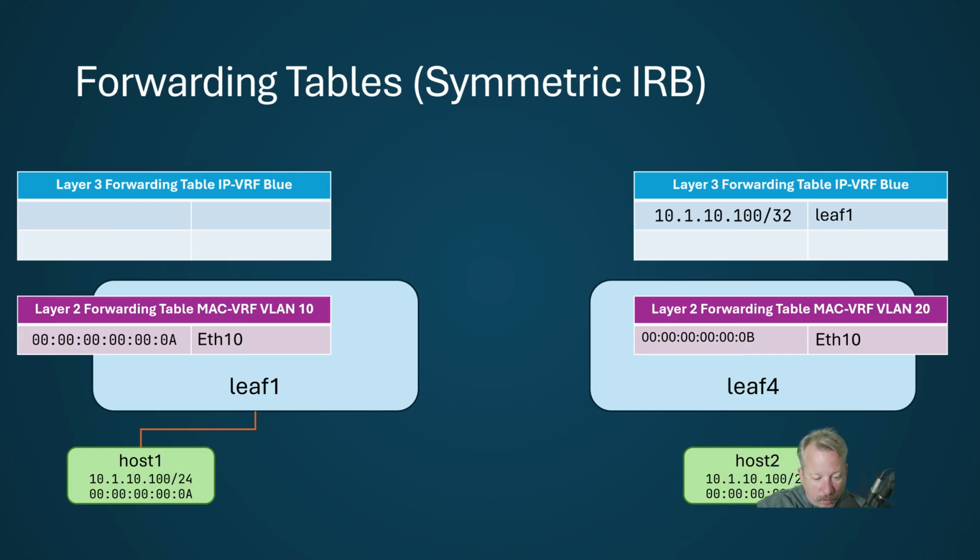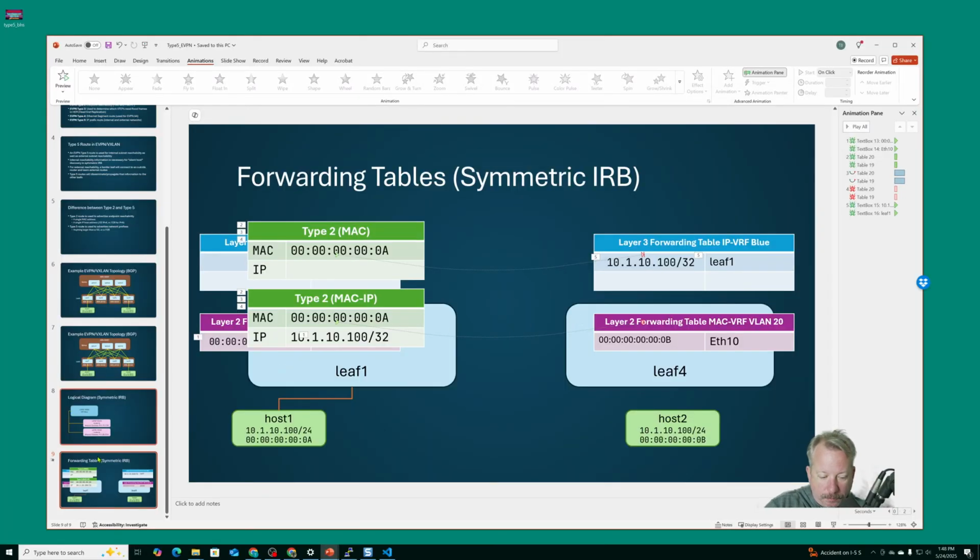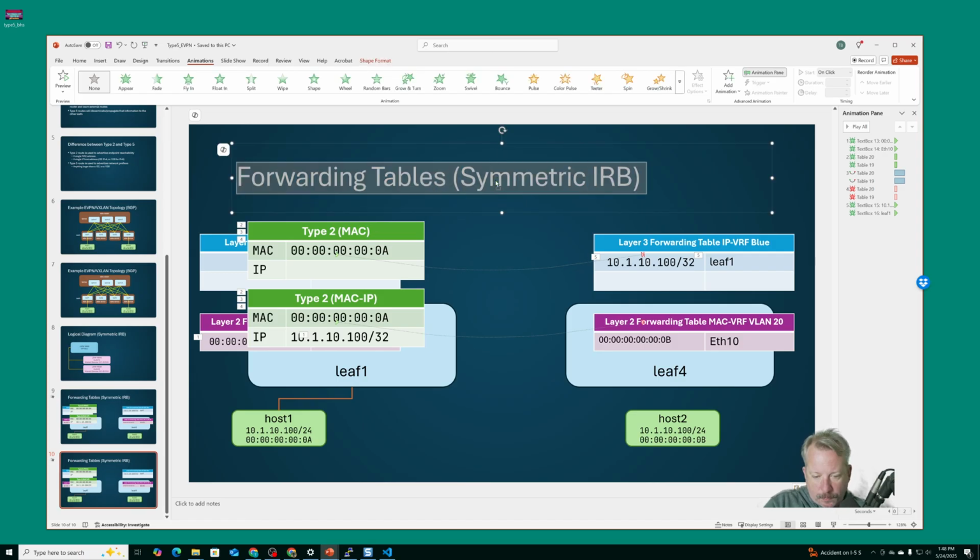But what if host 1 wanted to ping host 2? Here's where the type 5 route comes in. Host 2 has enough information to talk to, well, let's say, yeah, let's go ahead and make a new deck. We'll call this silent host.